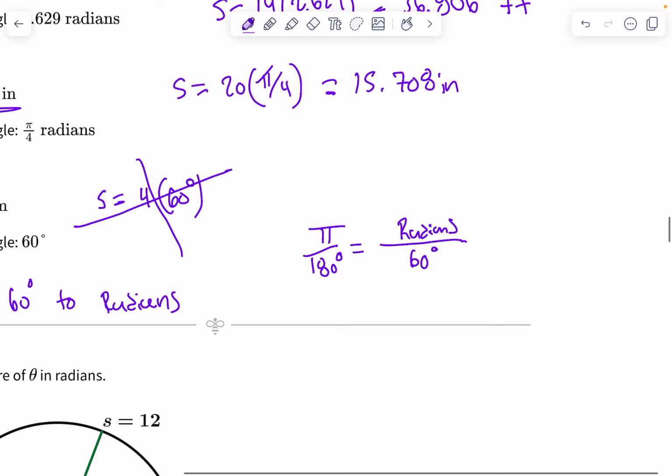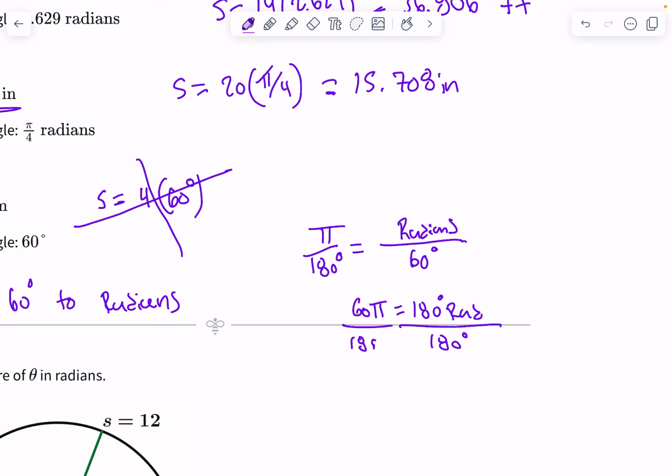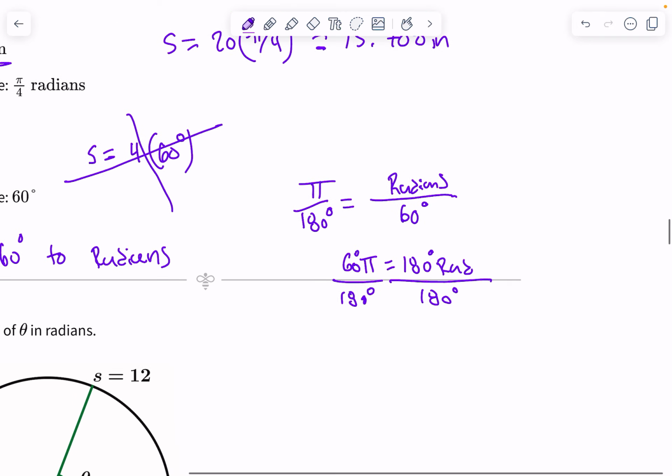I multiply across: 60 pi is equal to 180 rads. Then I divide by 180, and I'm left with pi over 3 as my radian measure.